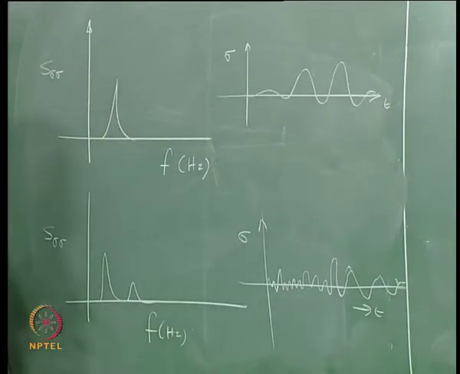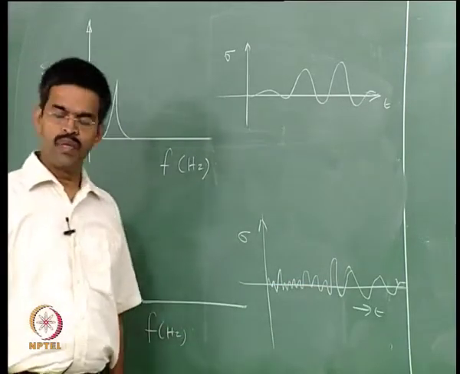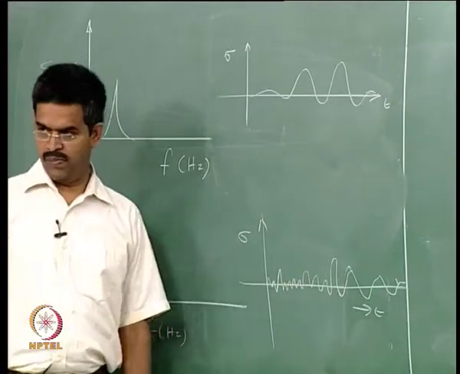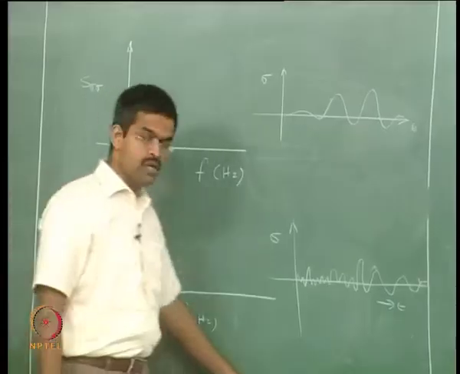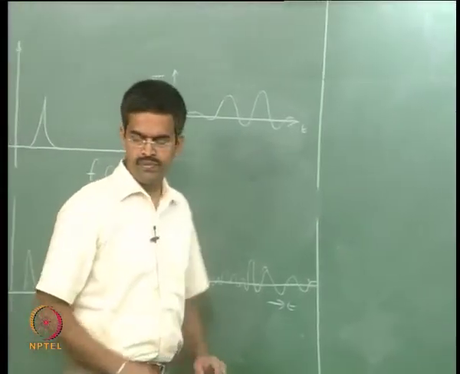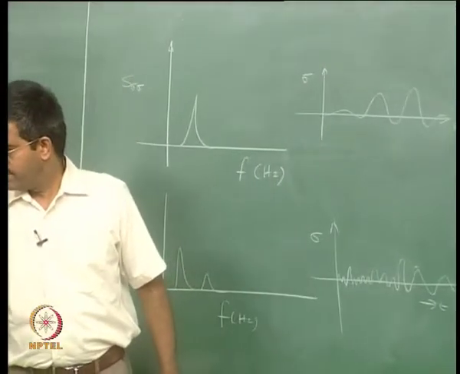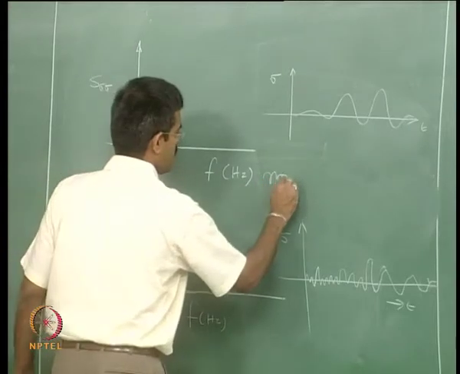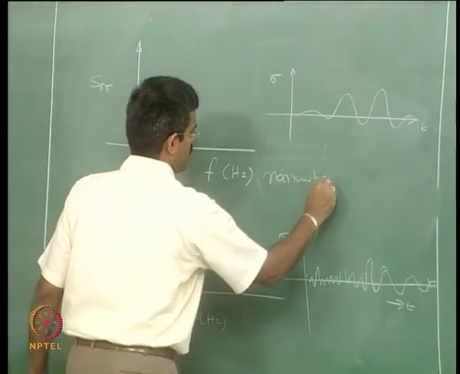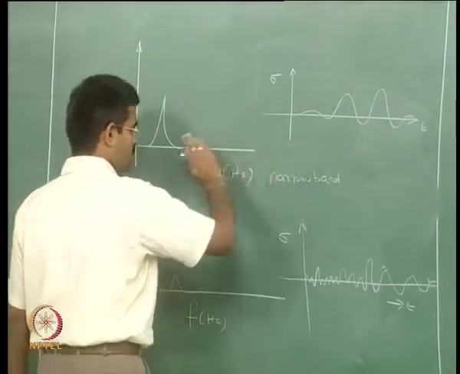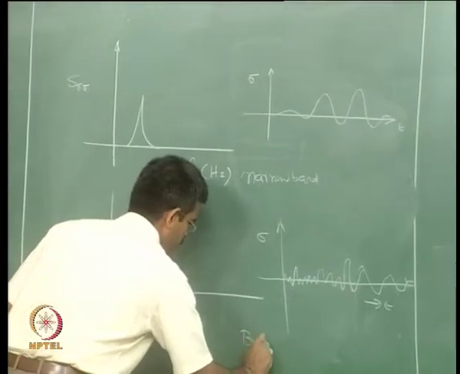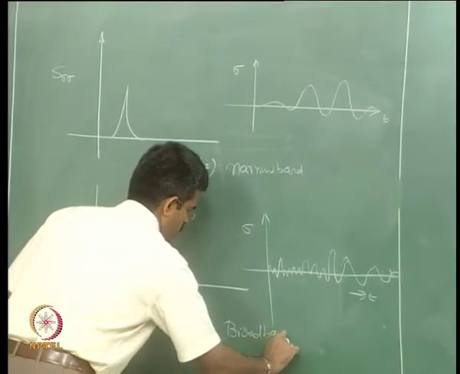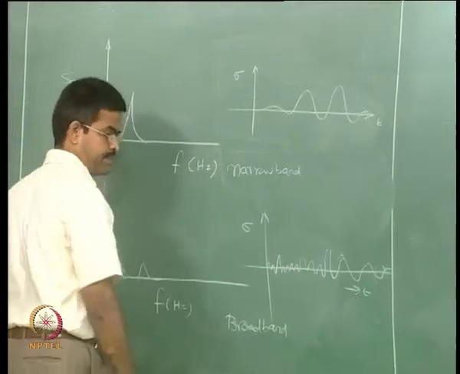So obviously you cannot easily use a peak and valley counting for this, because the variation is very highly random. So this is what I call narrow band spectrum and time history. This is broadband spectrum and time history.